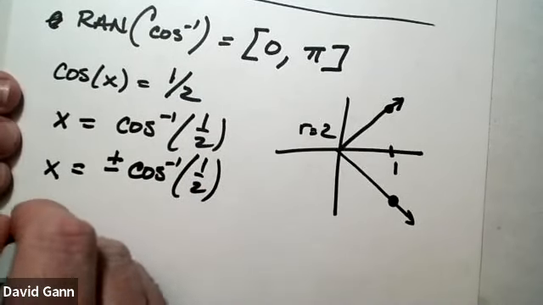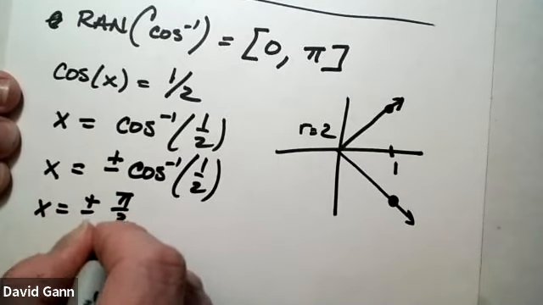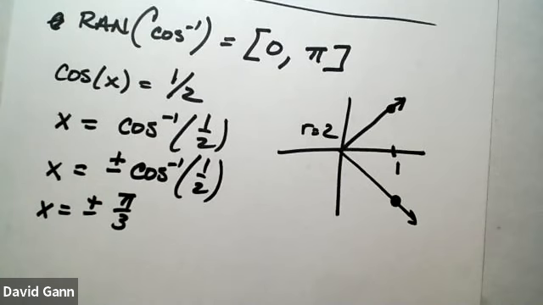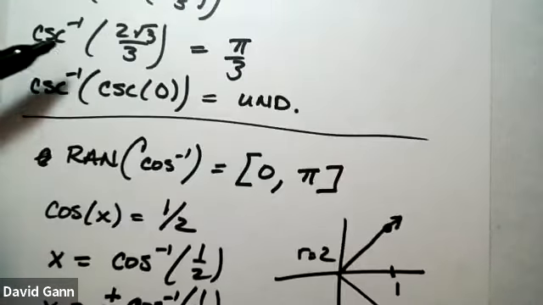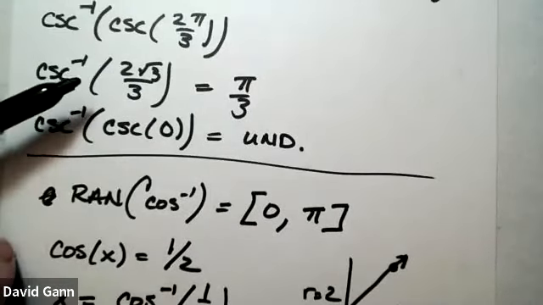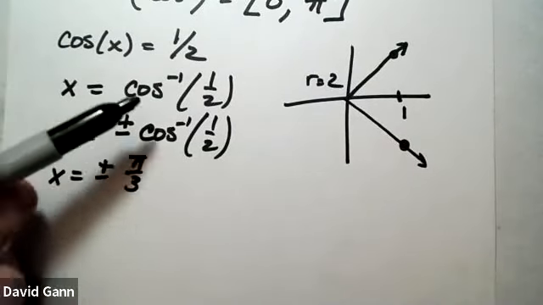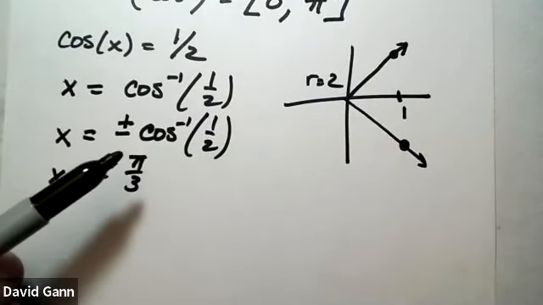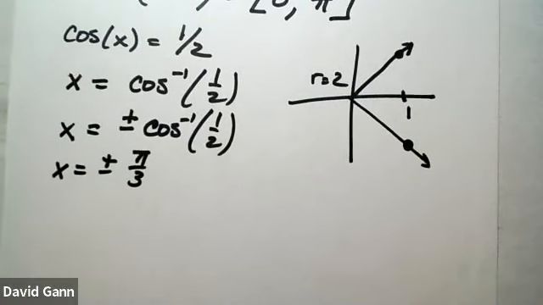So in this case, we'd have plus or minus pi over 3. A little bit of difference there. And the same argument I made for cosecant holds for cosine and inverse cosine, and it holds for secant as well. You'll have a plus or minus that pops in there.